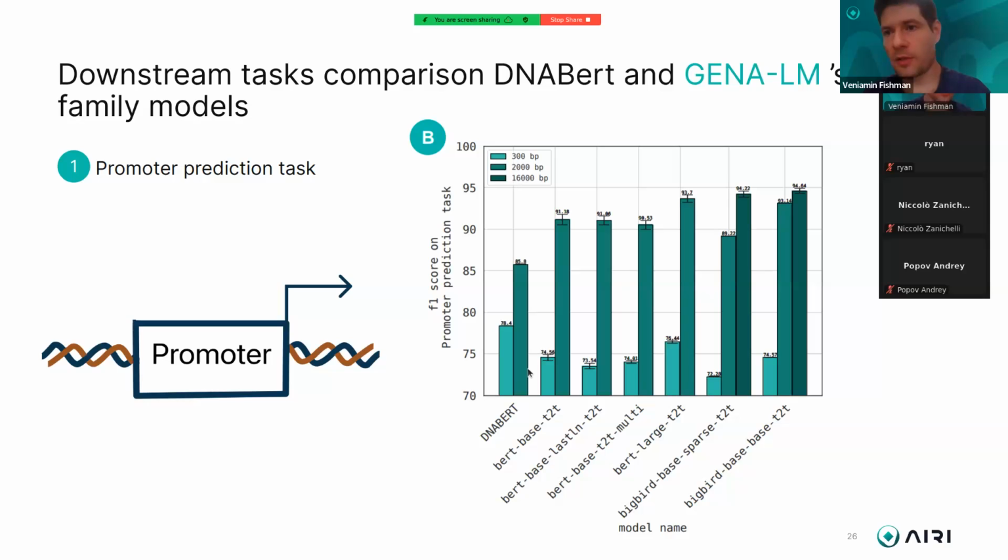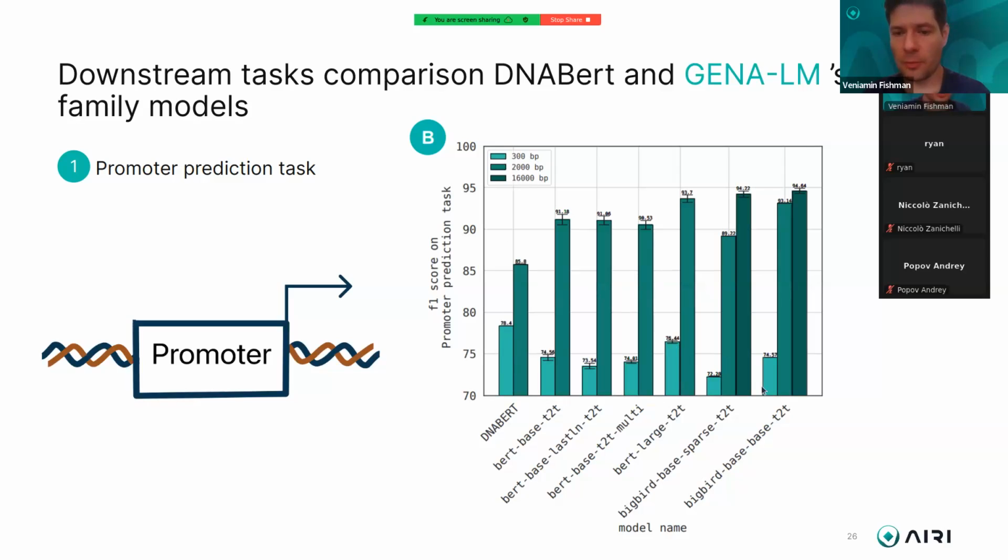The first thing that you probably see already from the results is that the longer the sequence, the better the performance. But also within the group of sequences of the same length, depending on the model, you can have different performances. For example, for very short sequences, DNABERT shows the best performance here.